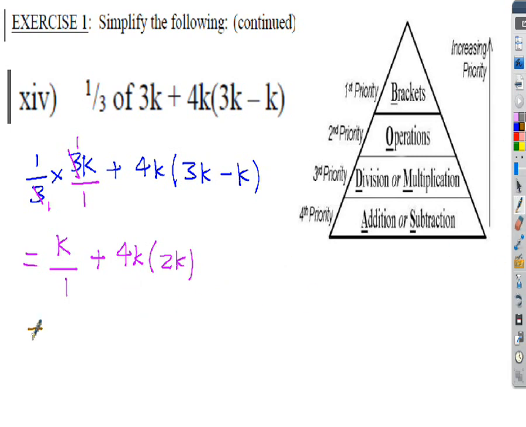So on the next line we'll have simply k added to 8k squared. And finally the answer has been factorised again, factorised on k, so k is outside the bracket, inside we'll have 1 plus 8k. There's our final solution.